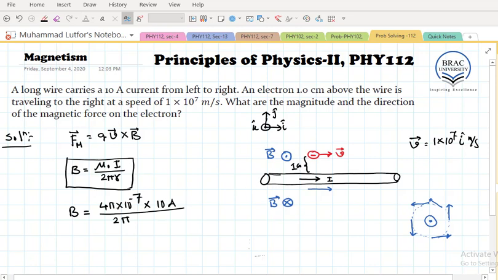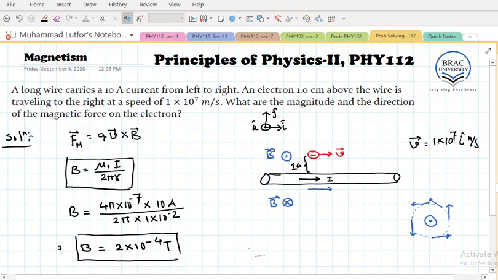Then 1 into 10 to the minus 2 meter, converting into meters. If you solve, the magnitude of this magnetic field would be 2 into 10 to the minus 4 Tesla. So this is the magnetic field strength.